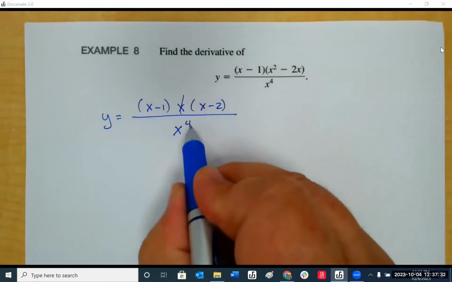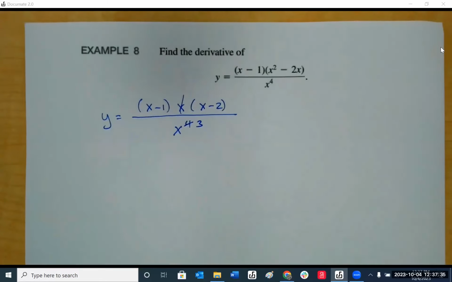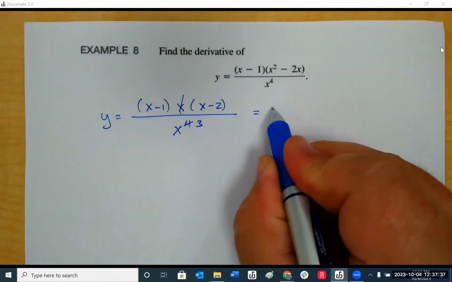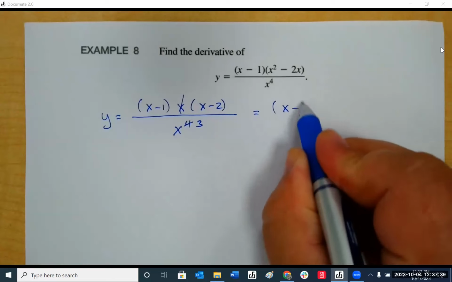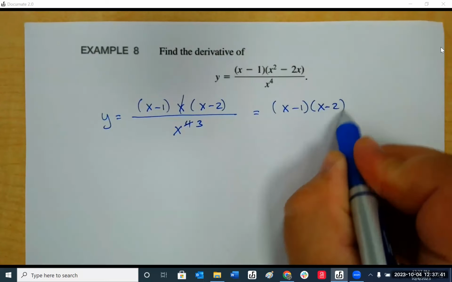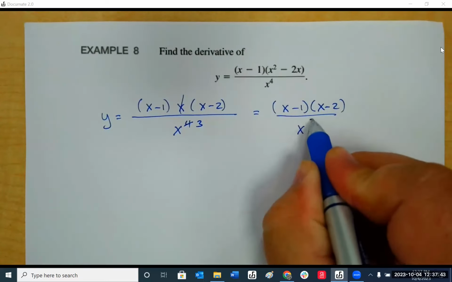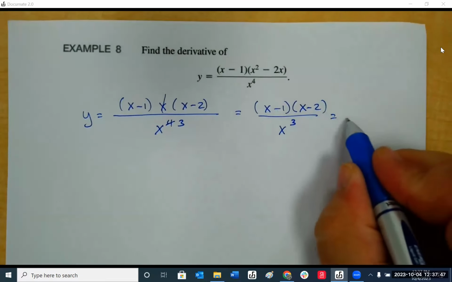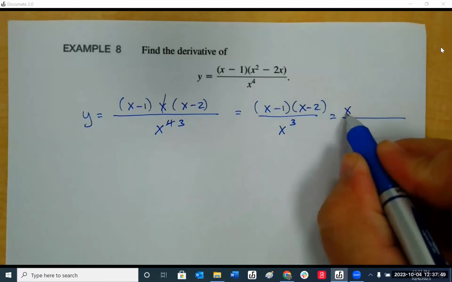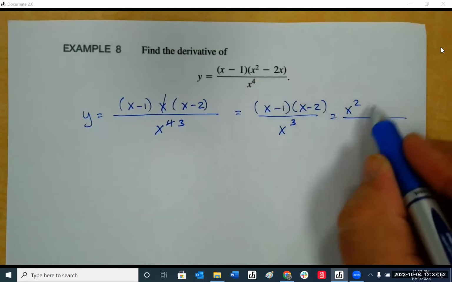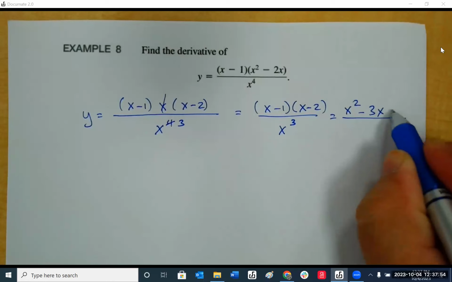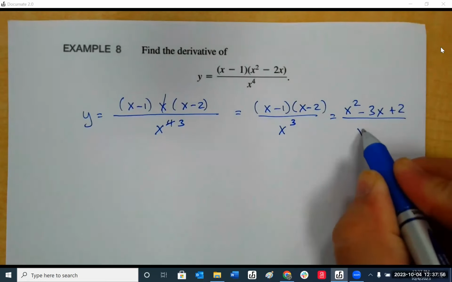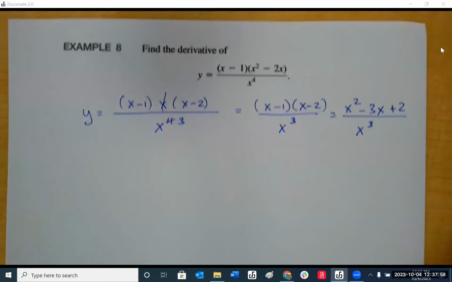Because we can cancel one of these now. Now it's much easier if we multiply the top, we get x squared, -2, -1, so -3x plus 2 over x cubed.